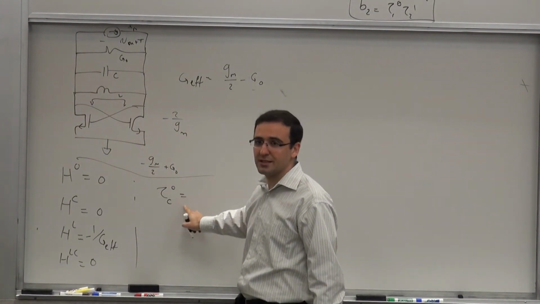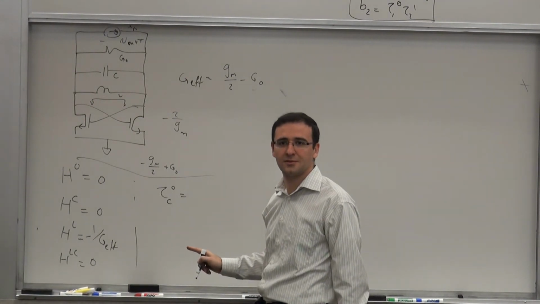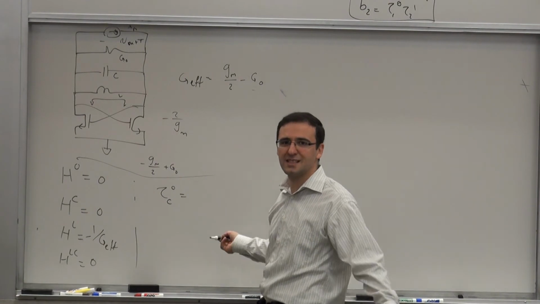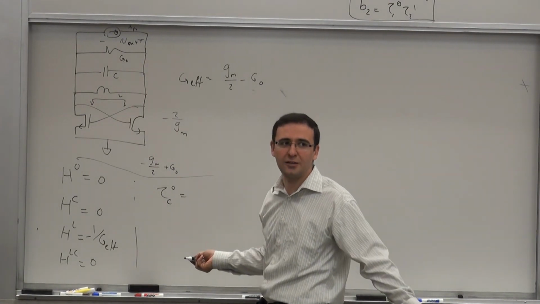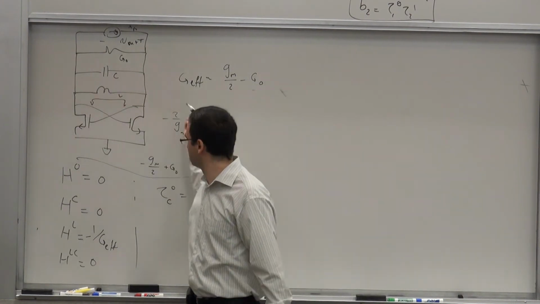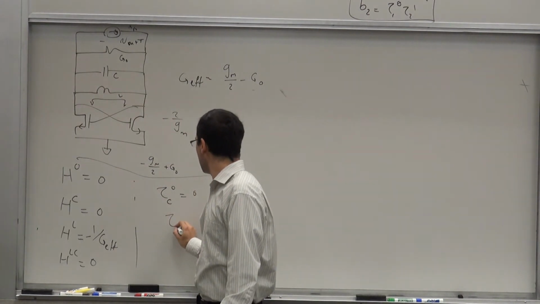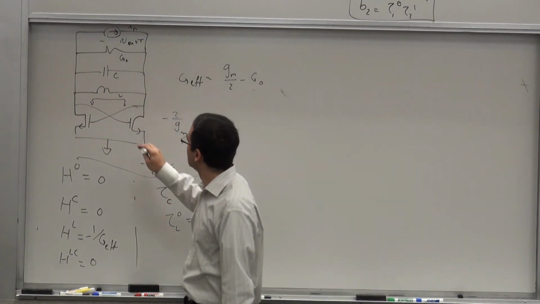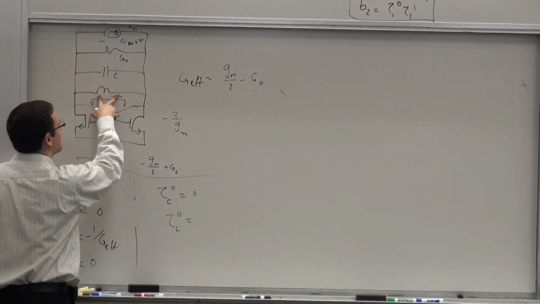Tau C0, what is it? It's simple: zero. What's the resistance seen by the capacitor when the inductor is at zero value, which is shorted? The inductor is shorted. Zero. What is tau L0? G effective. The inductance, what is the resistance seen by this one?